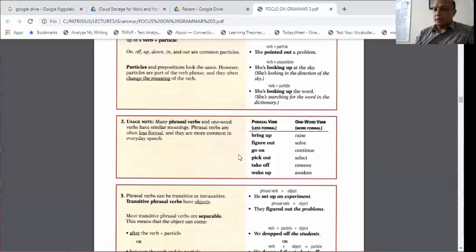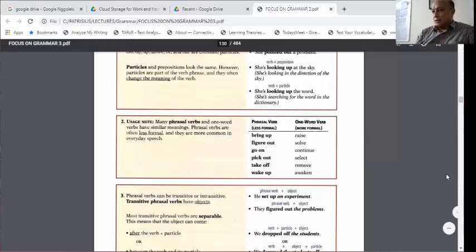When you're writing an academic essay, you will more likely use more formal words. But if you are speaking in a daily conversation, then you may use more phrasal verbs. Phrasal verbs are more common in conversation, in informal daily communication. Okay.